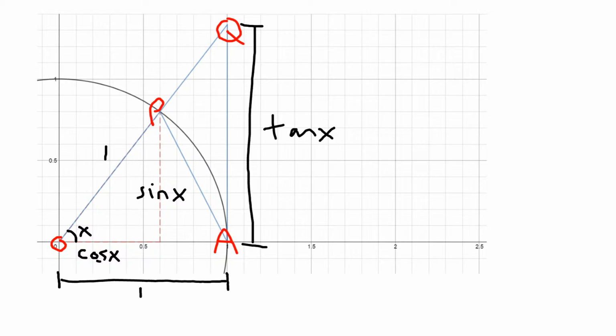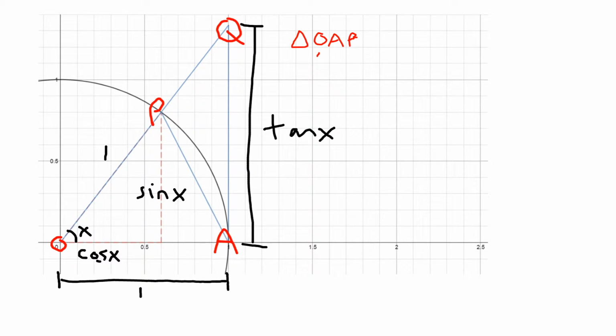Okay, and what I want you to notice is that we can look at some of these things like the triangle OAP. And we also have the circular sector OAP, which is the portion of the unit circle formed by this piece of pie going around the unit circle.